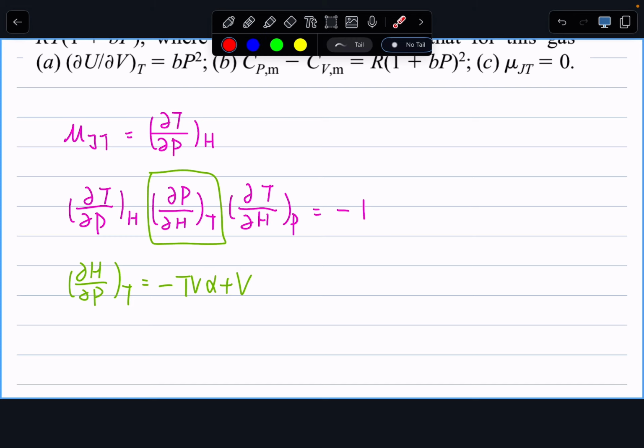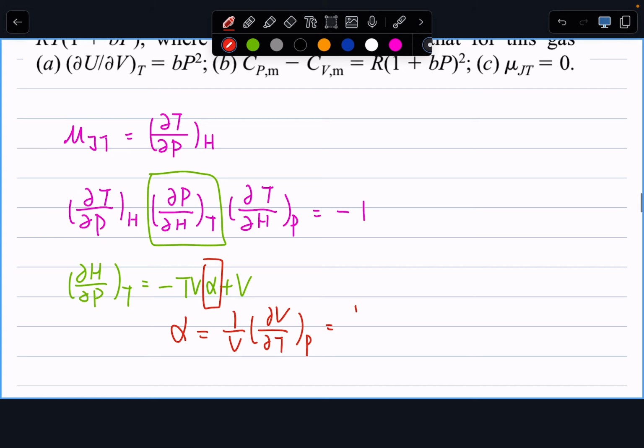And do we know what alpha is? So in here, what is alpha? This one you can solve using our equation of state. Or the other way to put it is, after solving it, I'm giving you the answer. Alpha equals 1 over V times dV over dT at constant P. And if you actually solve that differential equation, you get alpha equals 1 over T. And later on, wait, I think something is wrong here.